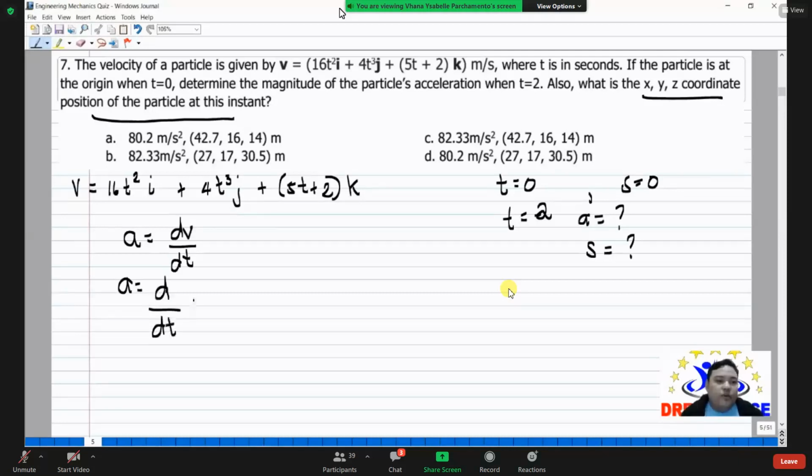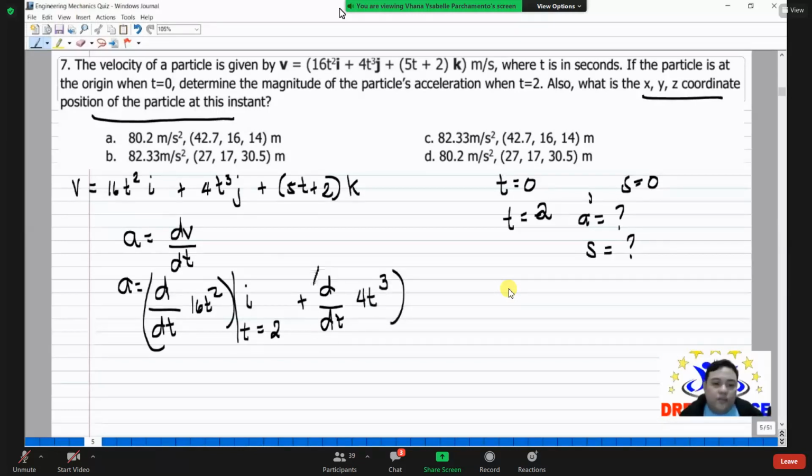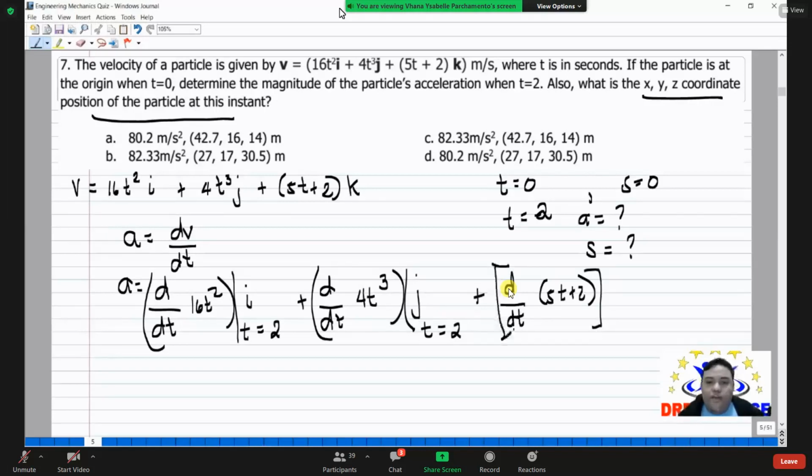So derivative of 16t squared in the x direction with respect to t at t equal to 2, plus derivative of 4t cubed in the y direction, j, at t equal to 2 seconds, plus derivative with respect to t of 5t plus 2 in the z direction, k, when time t equal to 2.